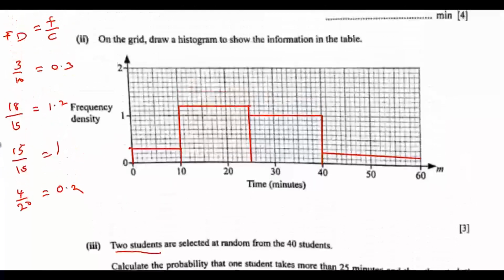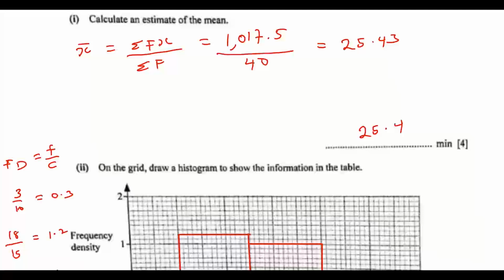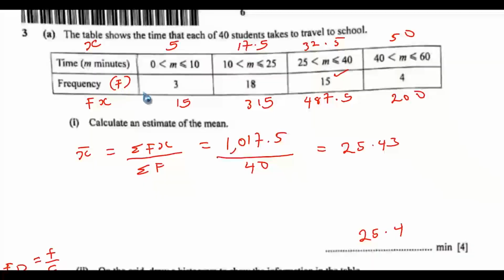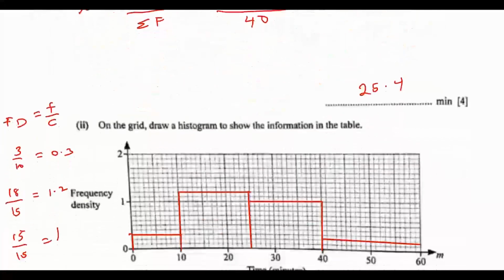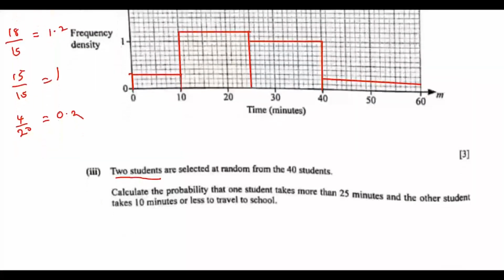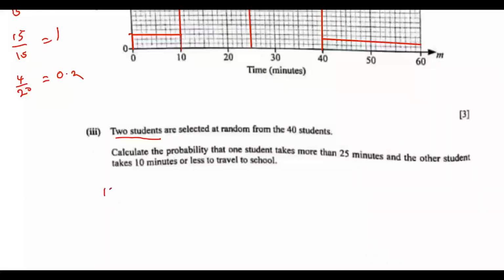So if you look at the table, more than 25 minutes will be this and this. So we have 15 plus 4, which is 19, over the total, that is 40. So this is the first selection, and that is multiplication.